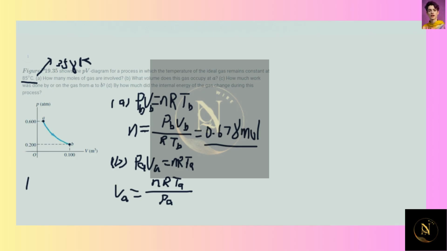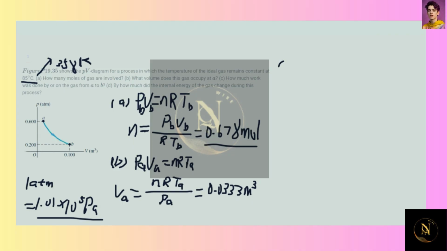I just write here, 1 atm equals 1.01 times 10 to the fifth Pascal. The Pascal is the standard unit. So the final result is 0.0333 meters cubed.